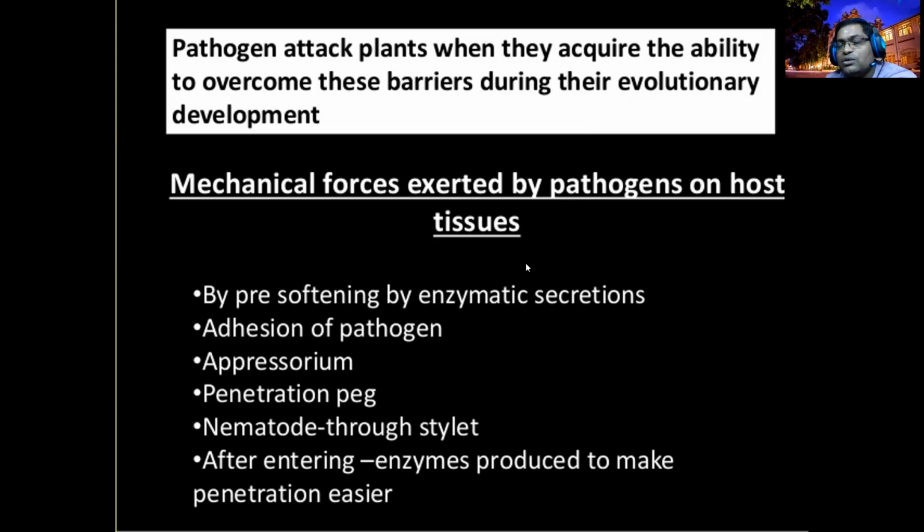Once the pathogen is attached to the host surface, if it is a fungus, it will immediately produce a germ tube. While growing, at the end of the germ tube, it will produce a structure we call an appressorium. This appressorium can produce a lot of enzymes, maybe cellulases, hemicellulases, pectinases, lignases.